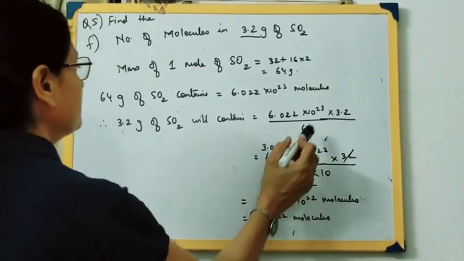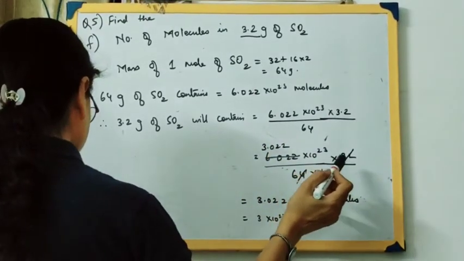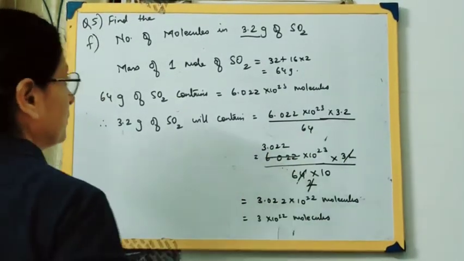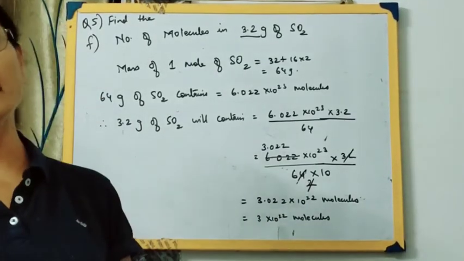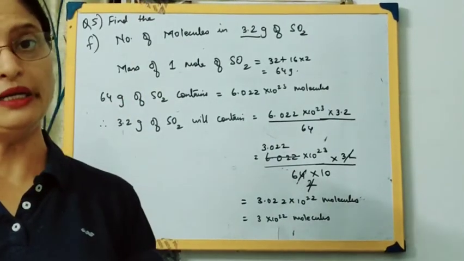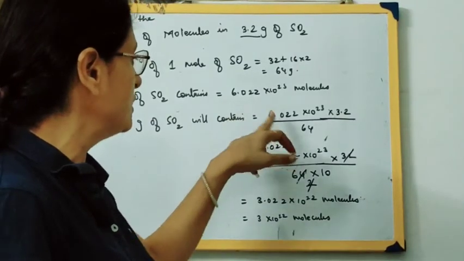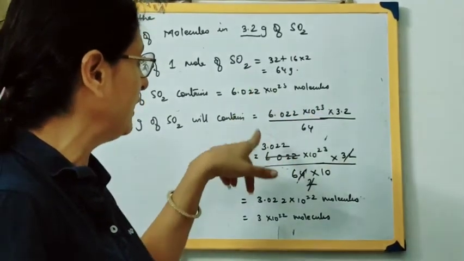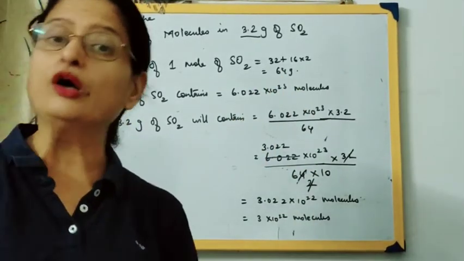Let me check everything is correct over here. 32 by 64. Okay, now one more thing, students. The Avogadro's number, you can take it as 6.022 into 10 to the power 23, or you can take it as 6.023 into 10 to the power 23, and you follow your question paper.